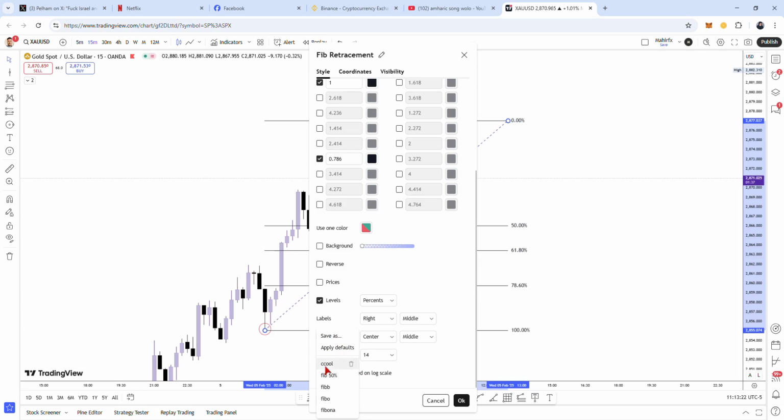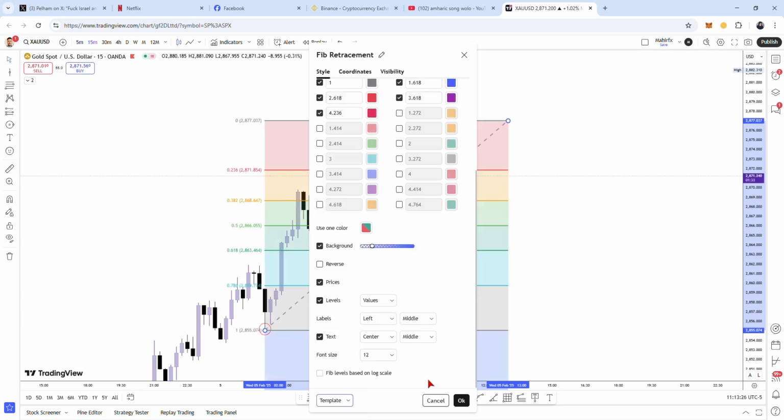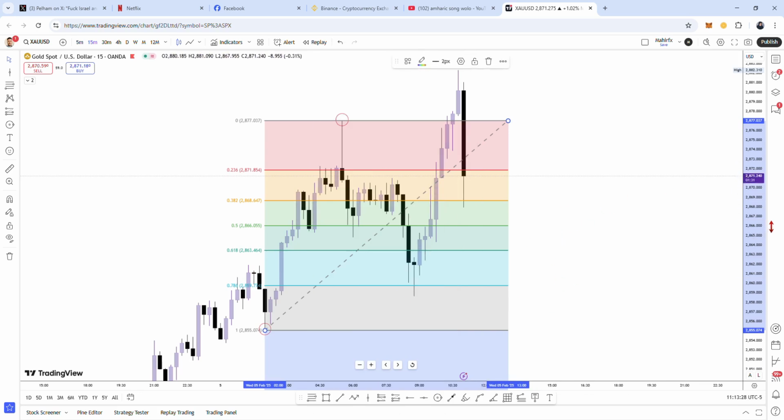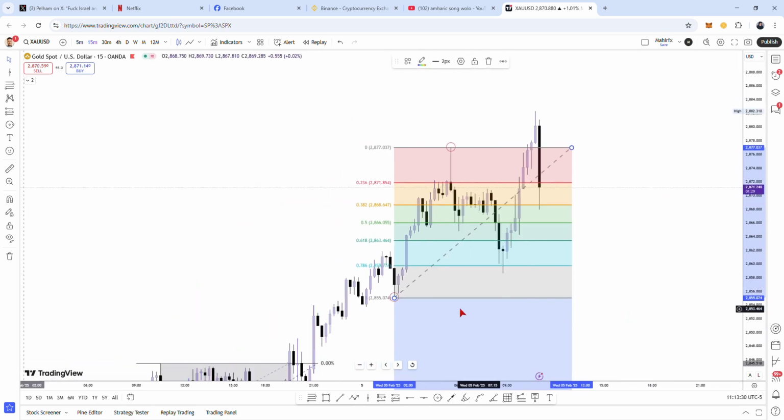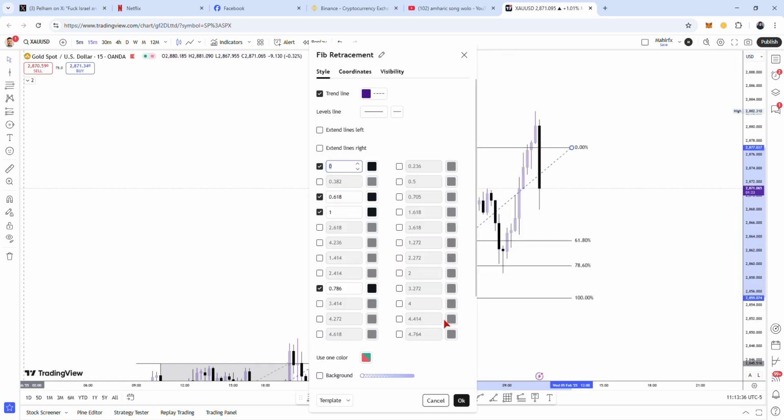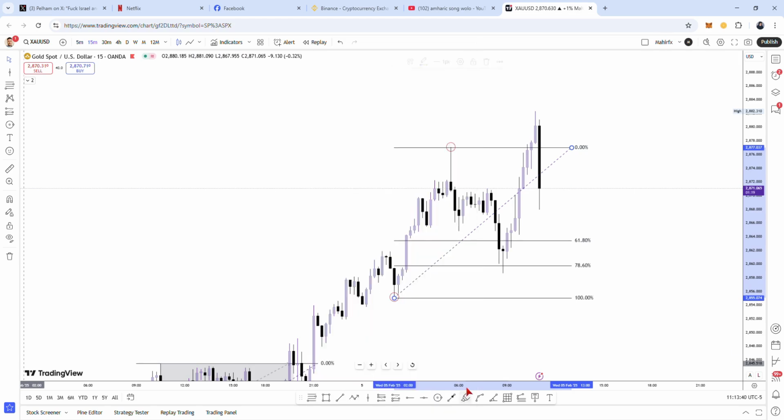Let me show you. Maybe your Fibonacci may look like this, but mine will be this one. So you can copy it from here and set it to yours.